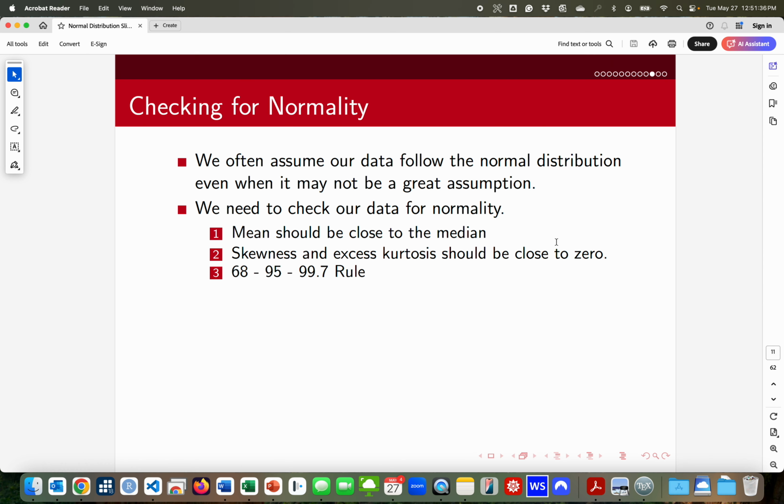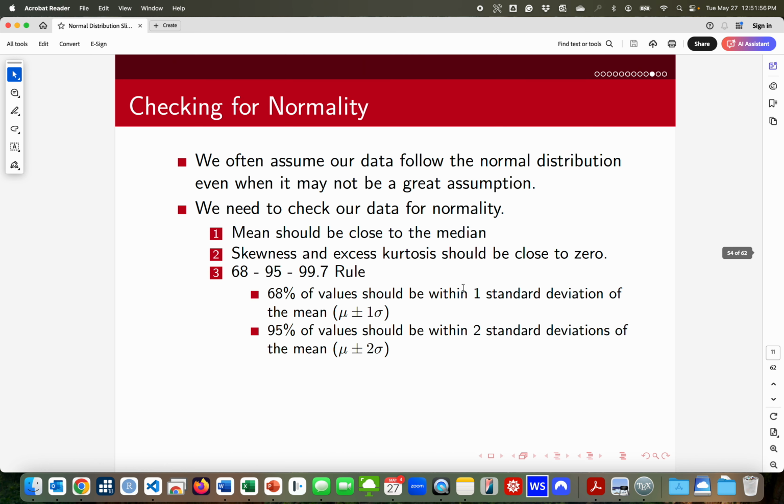There's also a rule you may have heard of before: if something is truly normal, 68% of values should be within one standard deviation of the mean. So the mean plus or minus one standard deviation should catch about 68% of values.